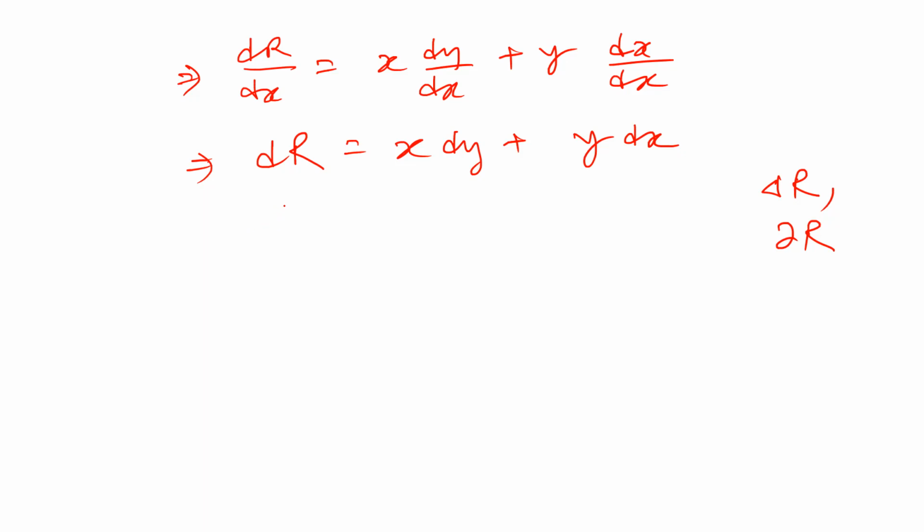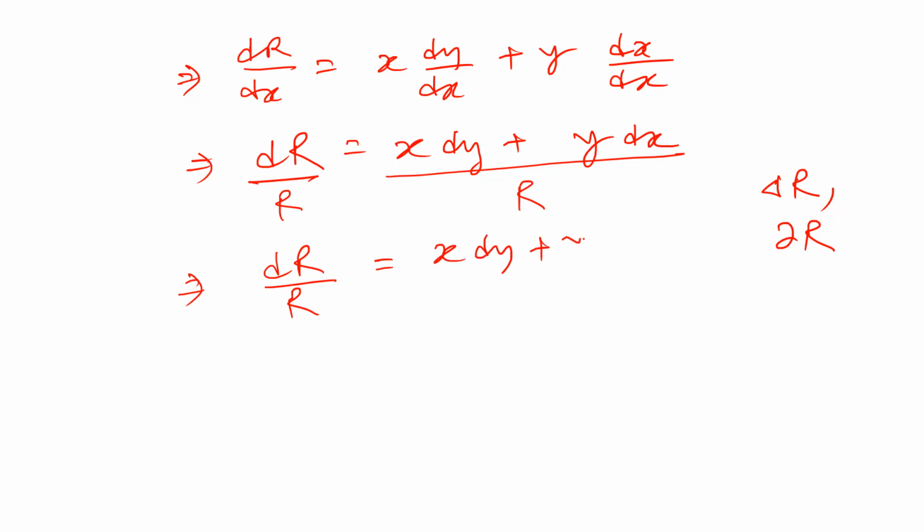Now if I find out the fractional error, then I have to divide this expression on both of the sides by r. So I am dividing both of the sides by r. In the left hand side I don't have to substitute anything. I have got this dr upon r, but in the right hand side I will substitute the value of r. So it should be x dy plus y dx divided by how much? x into y.